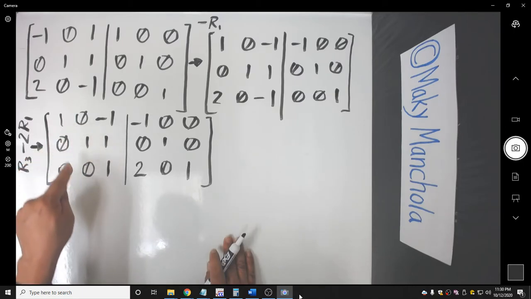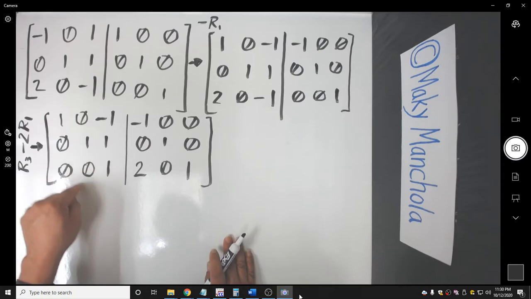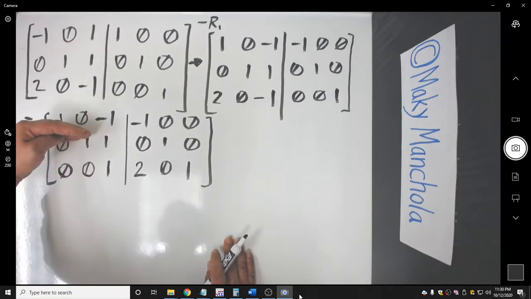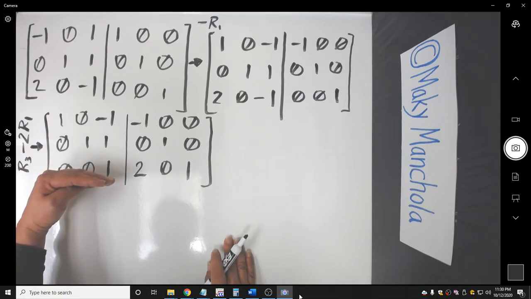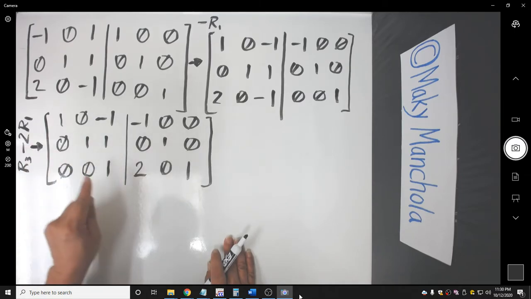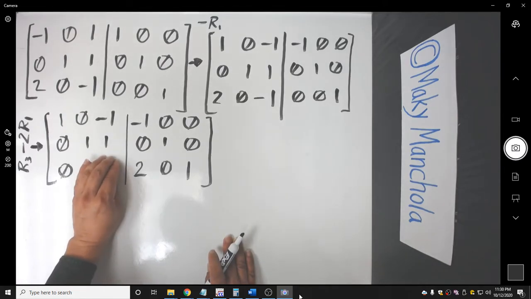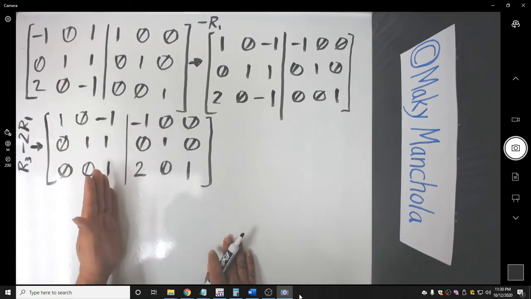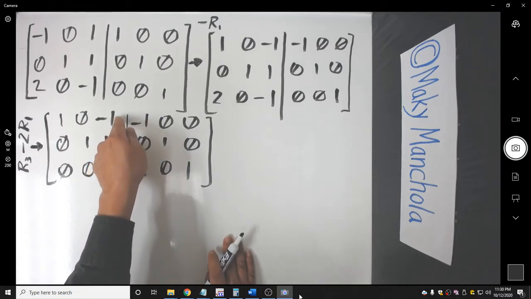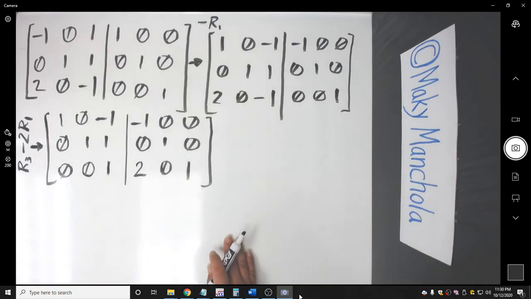There is a 0 there, and there is a 0 there. So they're already eliminated. So then move on to the next row. The first non-zero entry of that next row, make it a 1. It is already a 1. So use that new pivot to eliminate every other non-zero entry in that column. So you want to eliminate those two non-zero entries by using that non-zero entry.